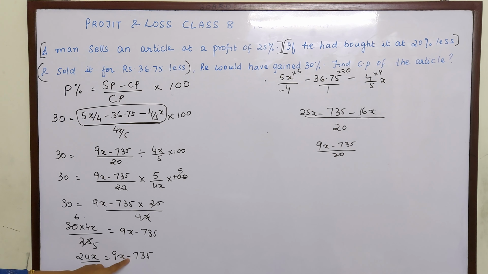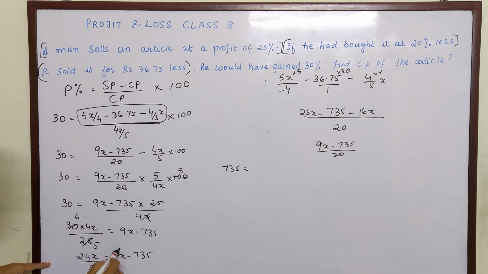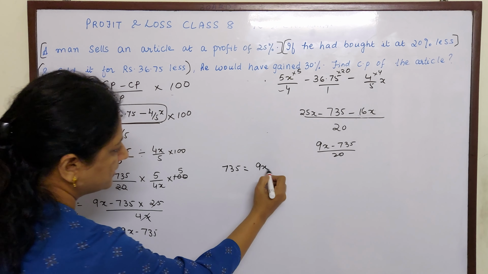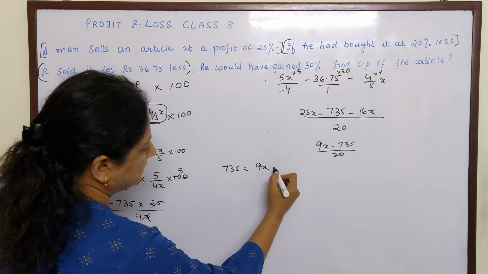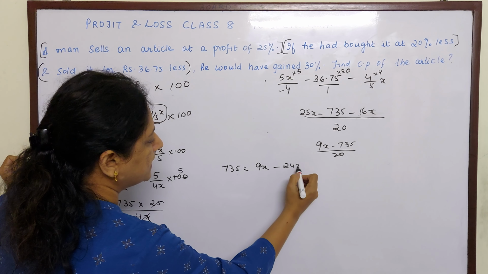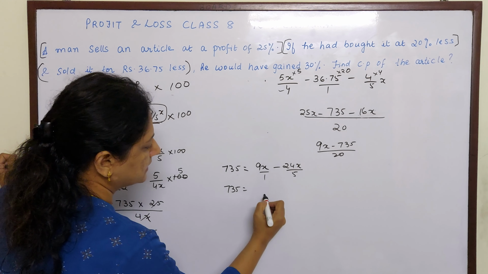Now this is minus, children. So I will bring minus 735 here. It will become plus 735. And here already 9x is there, I will write as it is. And plus 24x by 5 I will take here, so it will become minus 24x by 5. So if I take the LCM of this, it is 5.